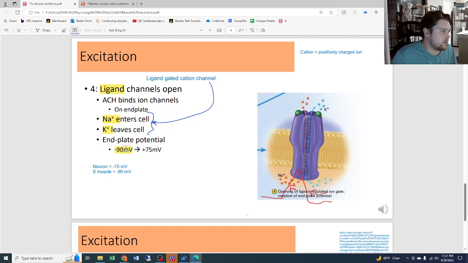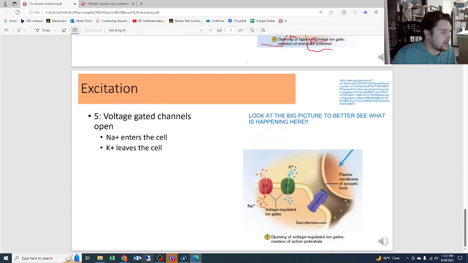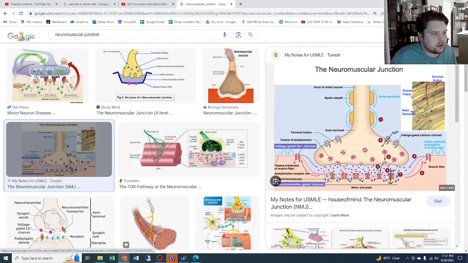So as we get more and more positive, what actually happens is you see how this motor end plate is here, but all of this across is all connected. The sarcoplasm inside, just like the cytoplasm, it's all connected.